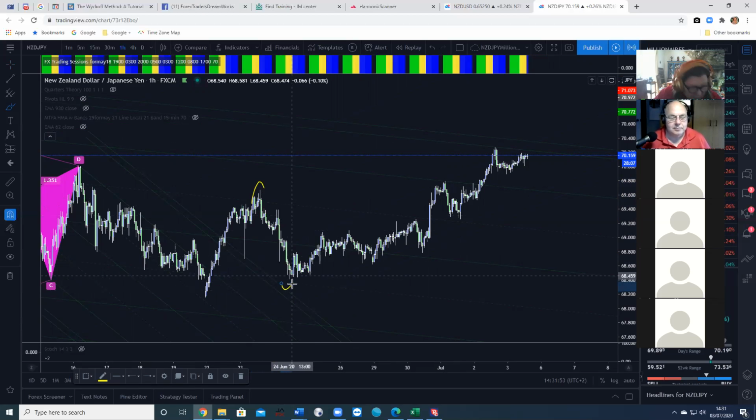So it looks like 24th of June at 11 is there. 26th of June at 0600 is going to be there, the next high. 26th at 2100 is going to be there. And then the 2nd of July at 1500 is going to be round about there.